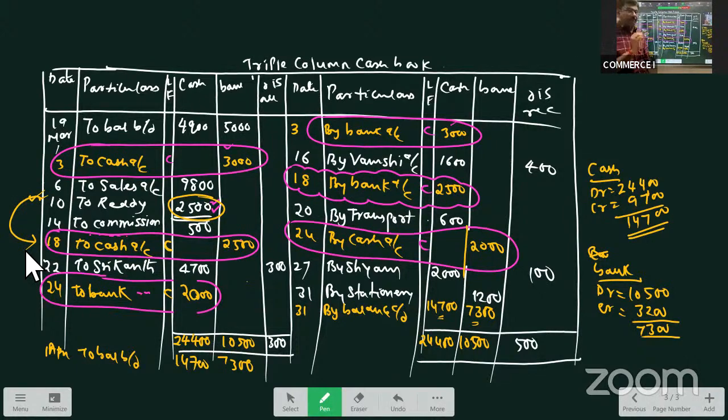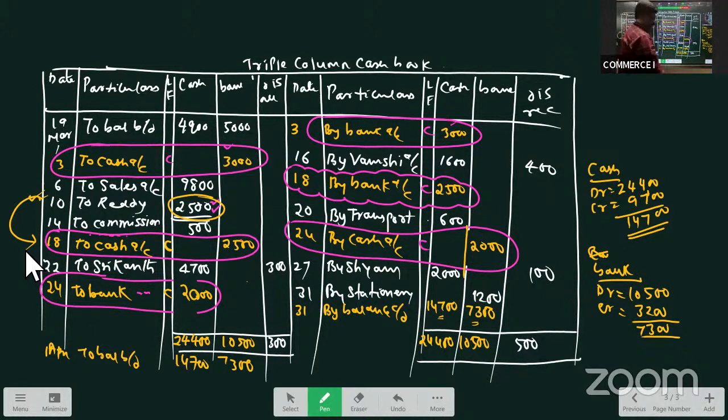On the day of receipt, if we are not sending it to bank for collection, then we assume that we have received cash. And the day when it is sent to bank for collection, on that day, we will show it as a contra.